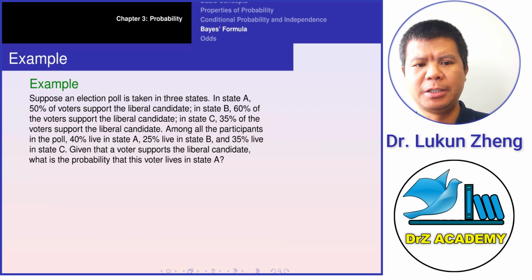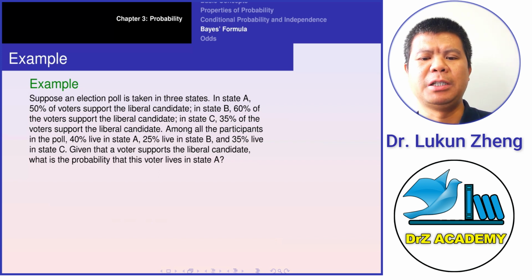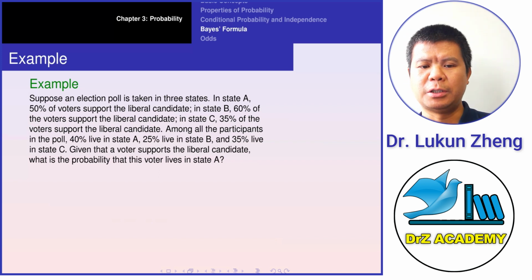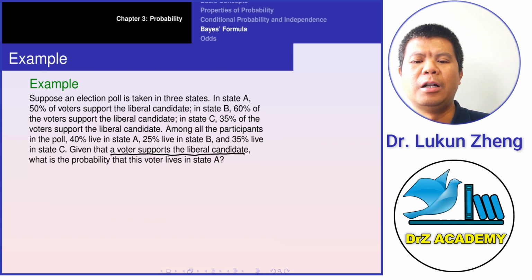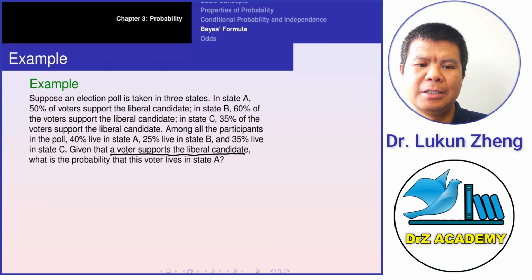Among all the participants in the poll, 40% live in state A, 25% live in state B, 35% live in state C. Given a voter supports the Liberal candidate, what is the probability that this voter lives in state A?